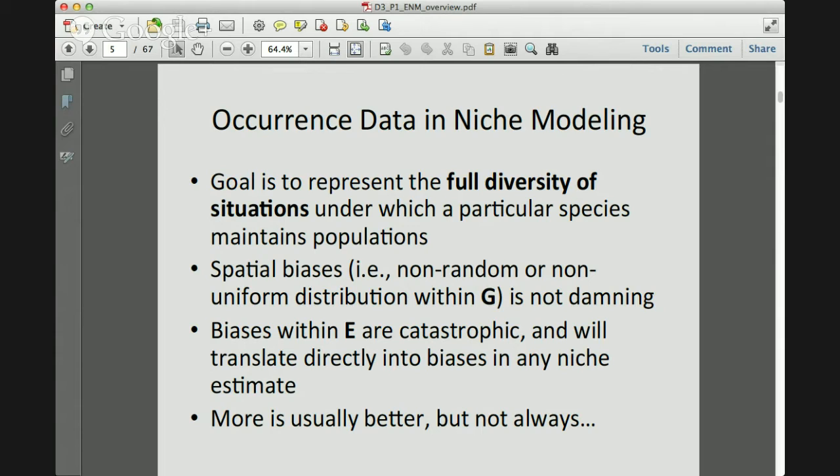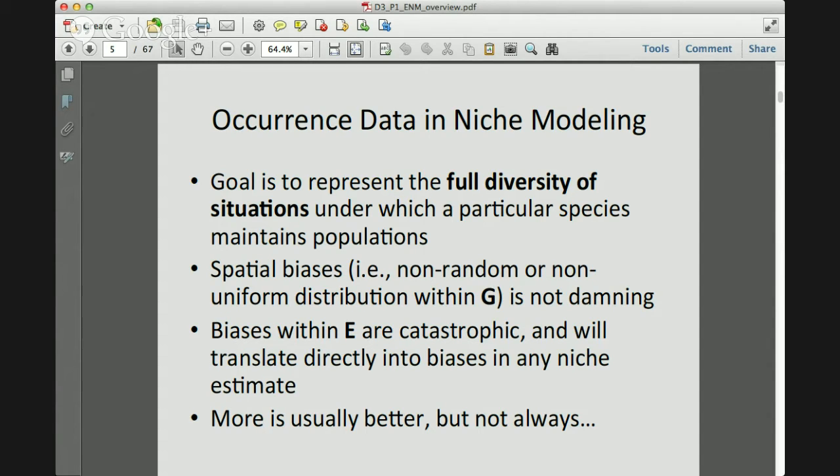So for the occurrence data, the goal is to represent the full diversity of situations under which a species maintains populations. Spatial biases are okay. We know that biodiversity data clusters along points of access. Usually it's roads. But what is really, really bad are biases within environmental space.